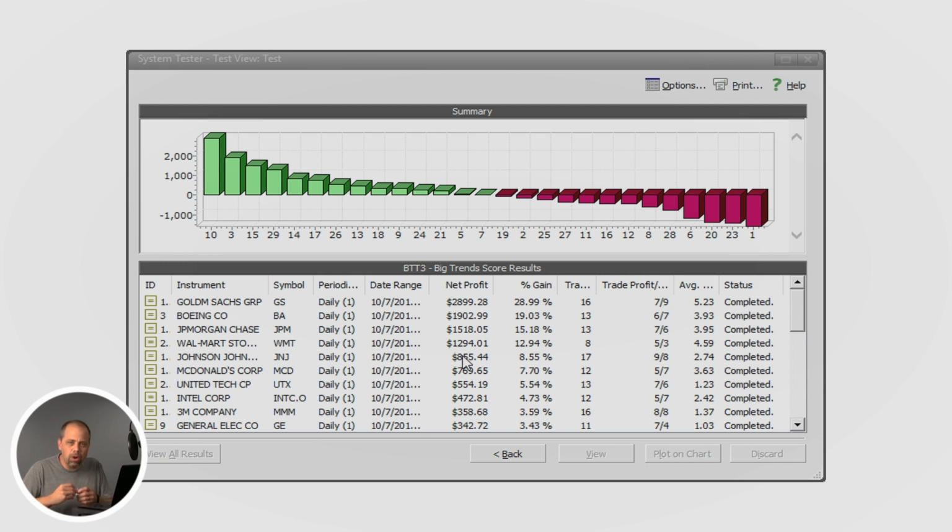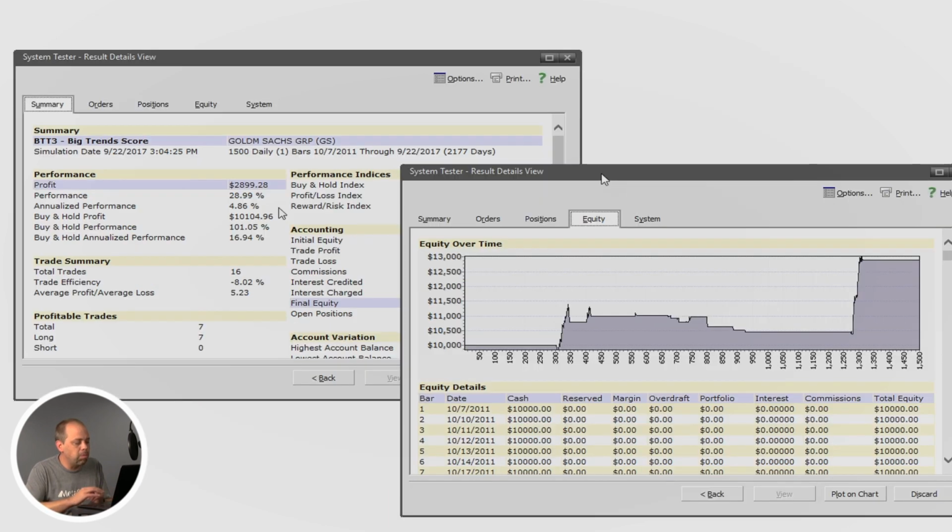So it allows you to figure out not only how well it worked across the optionable stocks last year, but to narrow it down to the ones that it worked best on over the last 1 year, or 10 years, or 20 years. You're going to get detailed reports as part of the system tester that show the equity curves, the max drawdowns. They're going to give you all of the information that you need to make decisions on what methodologies in the Big Trend Toolkit you should be trading.